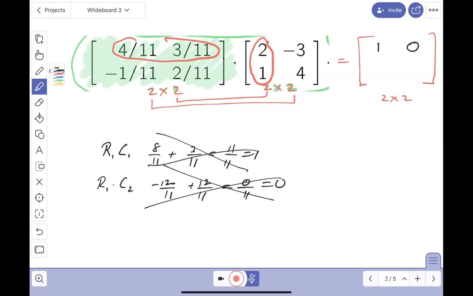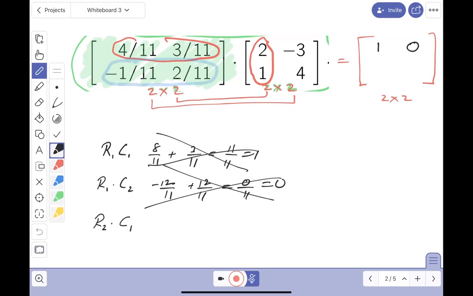Now what I'm going to do is go to row 2 now. Let's see if I can do it. So I'm going to do row 2 times column 1. And what I'm doing over here, row 2, column 1.